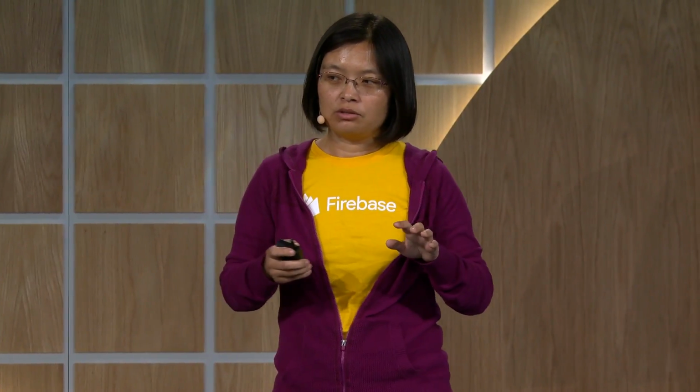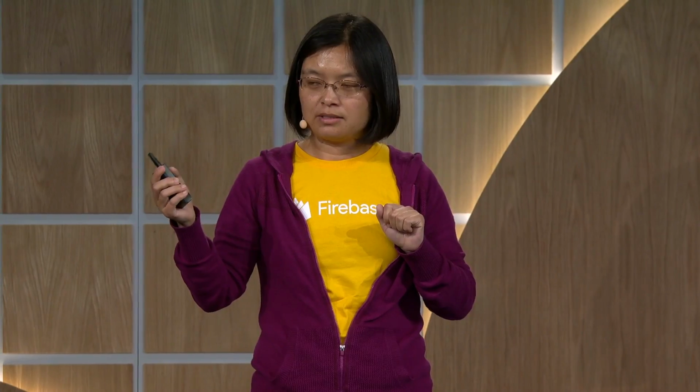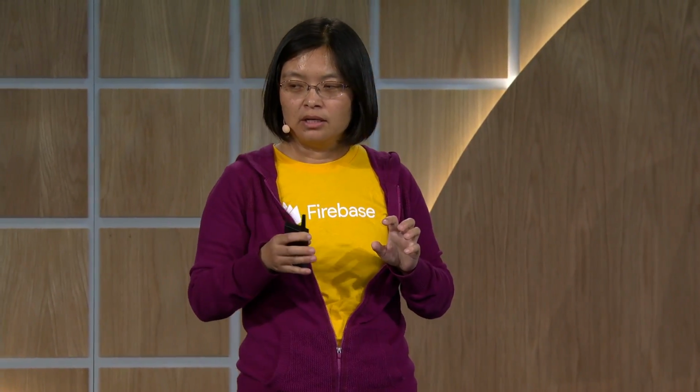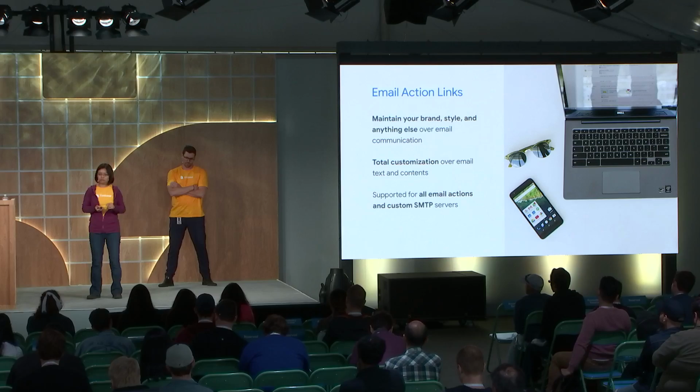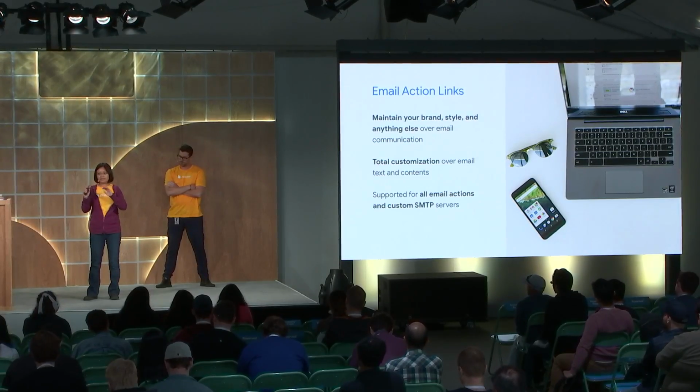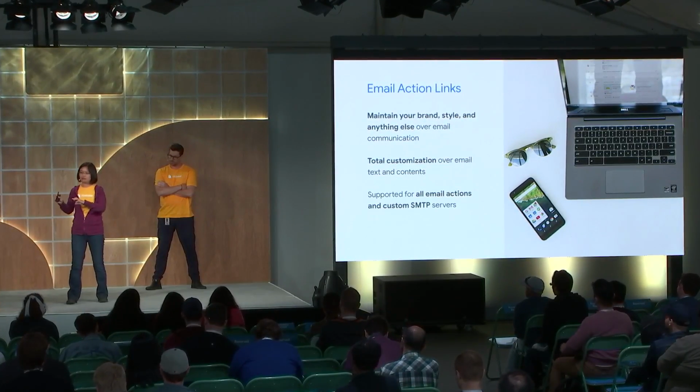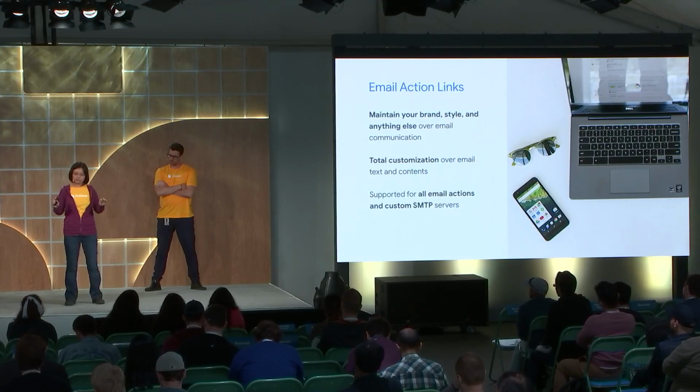So in a nutshell, what this does is that you can call our APIs and get a link which has a temporary password in it. And then you can embed that link into your email communication to your user. So obviously, this will allow you to maintain the brand and style across different channels of communication.